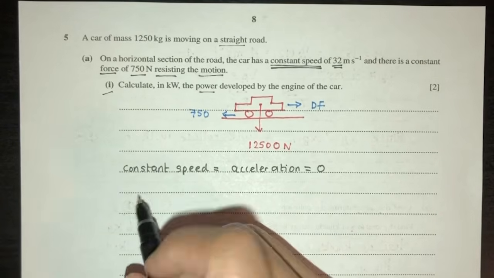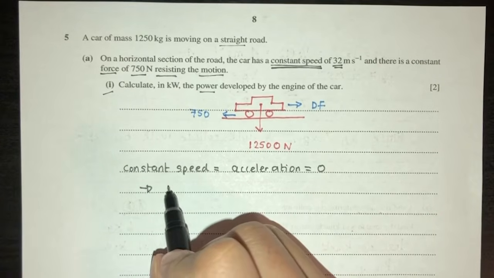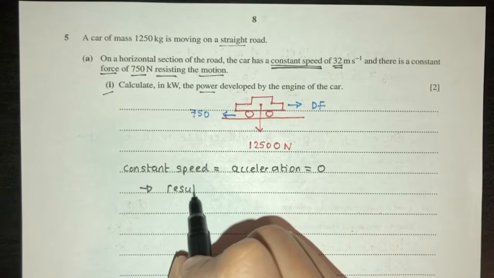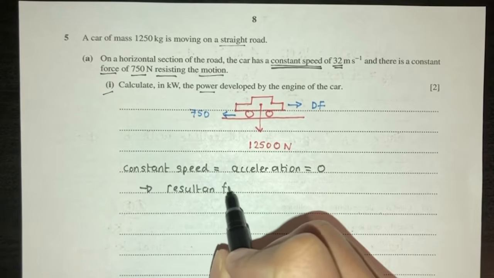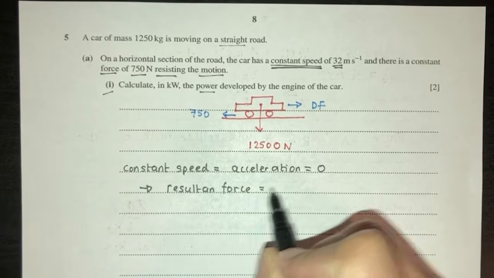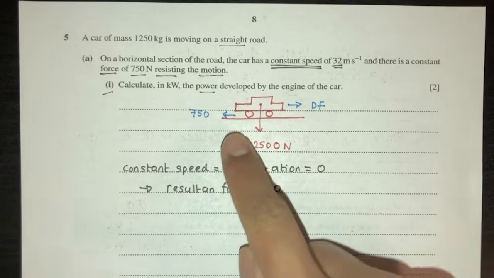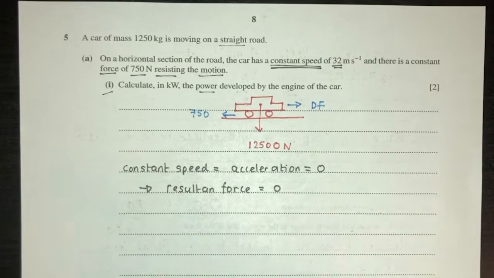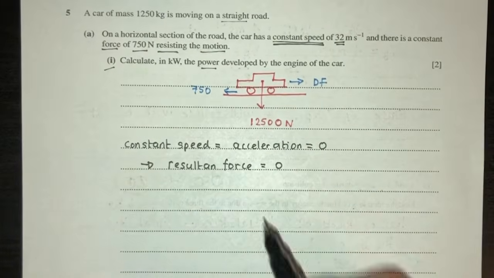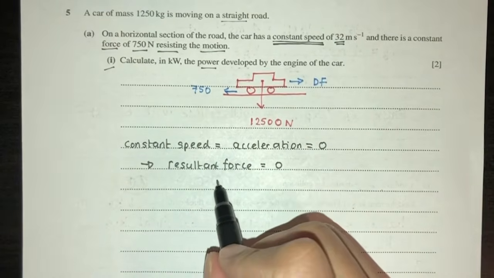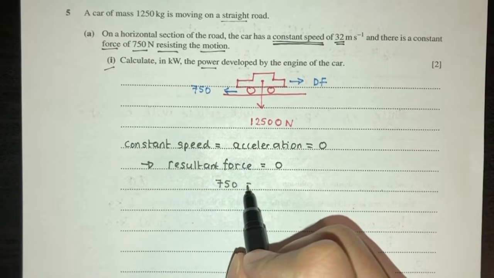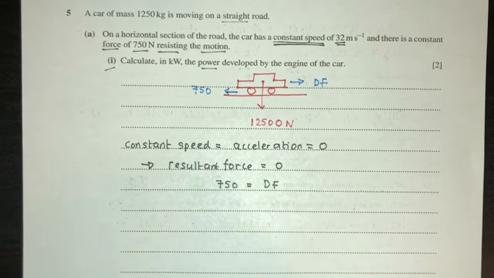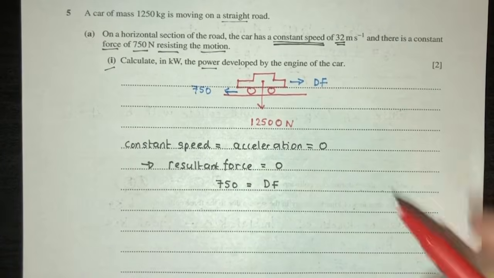Now, if acceleration is 0, it means that your resultant force is also 0. So basically, the force on the left and the force on the right equate to 0. So 750 has to be equal to the driving force. Now, for the driving force, you have to know the formula for that.